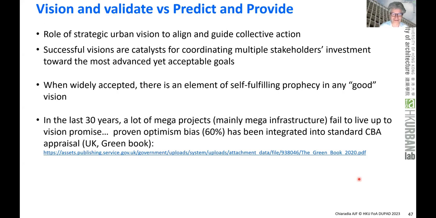In any good vision, they may work at the end of the day, even if they were at the beginning rather ambitious and optimistic. So can we understand those aspects? Most mega projects fail to live up to their vision promise, and there's an optimism bias which has been integrated in most of the CBA in the UK.